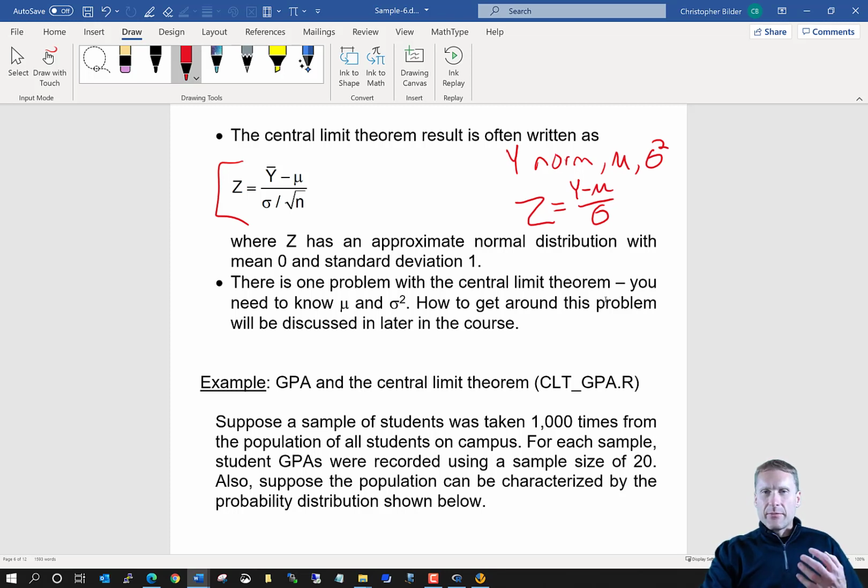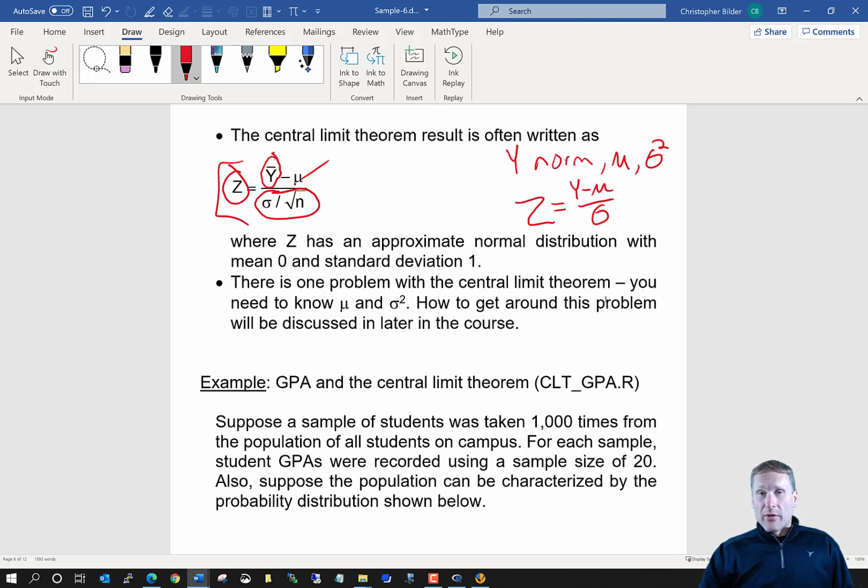Using that same idea, since y bar has an approximate normal distribution, if we subtract off mu and divide by the standard deviation of y bar itself, then we get a quantity, we can call it z, that has an approximate standard normal distribution. Again, most books will represent the central limit theorem this way. I don't think it's really necessary, but I bring this up because you may see it like this.